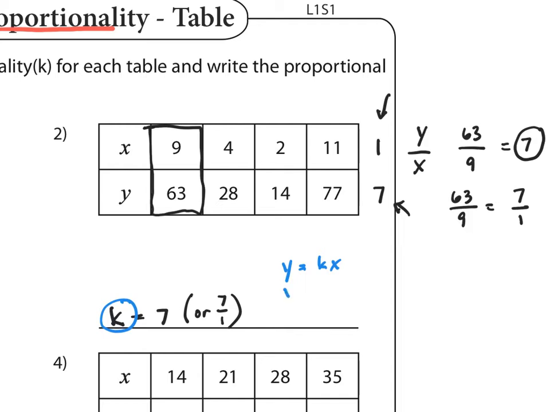So I can write this as Y equals 7X, where the 7 is the K. What that's telling me is I can take any one of these X values, take 7 times whatever that is, and it's going to give me back Y. So let's try that. 7 times 9 would be 63. 7 times 4 would be 28. 7 times 2 would be 14, and 7 times 11 would be 77.